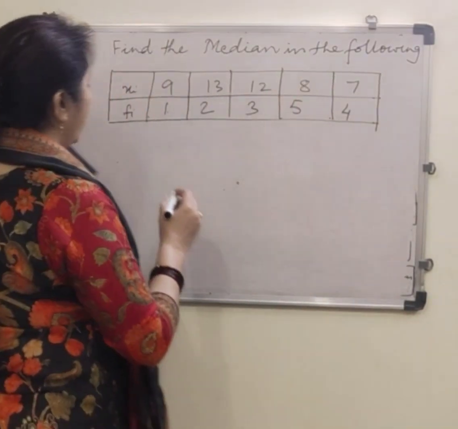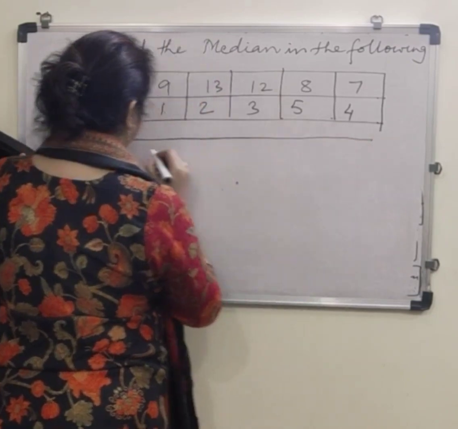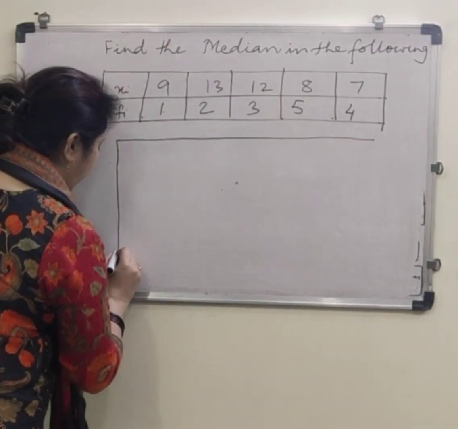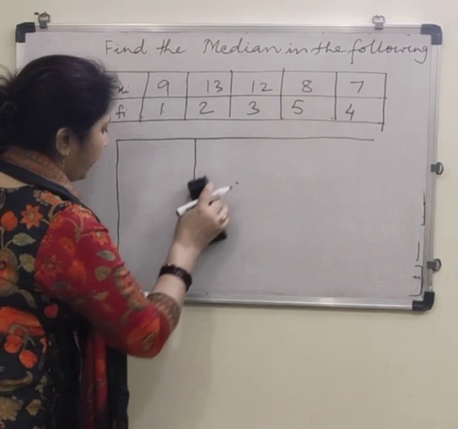So let's make a table to calculate the median. So 3 columns would be there, but they will be a little different from the mean.